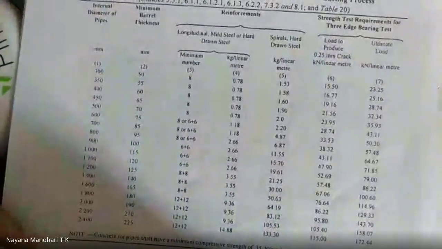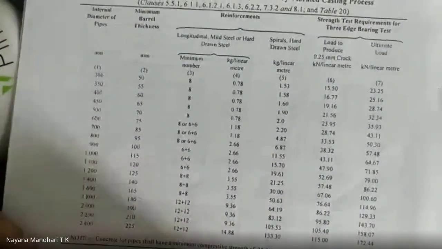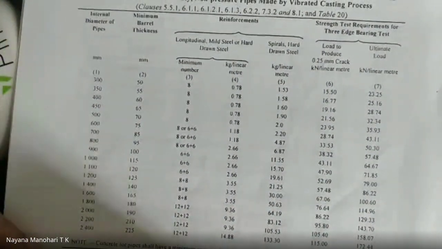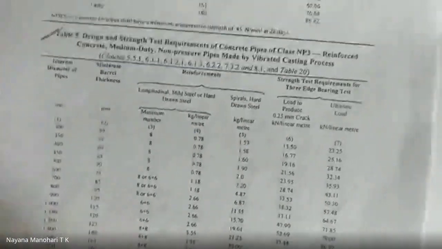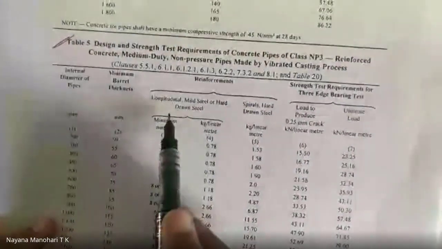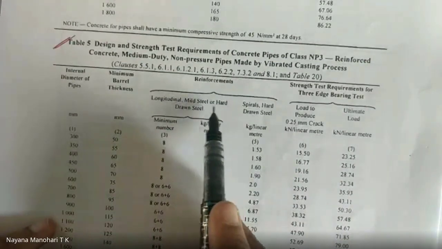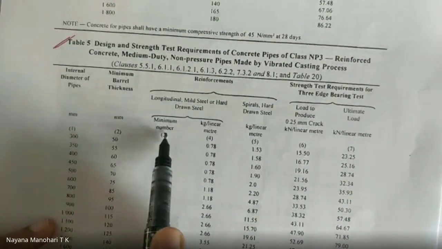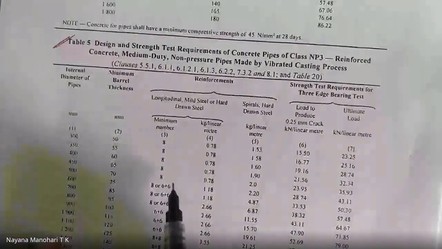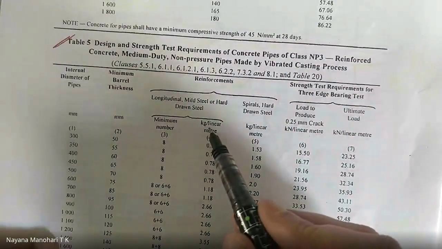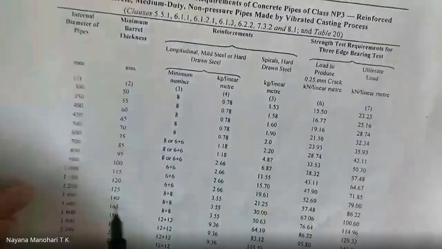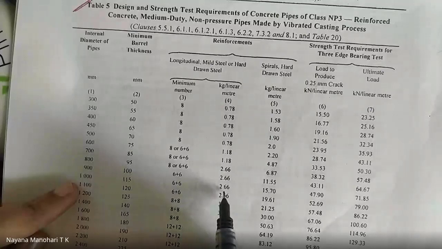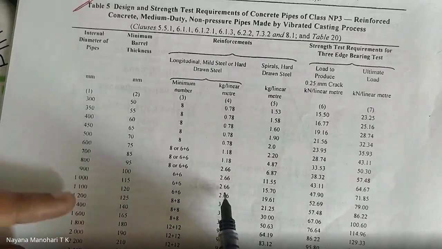Next is longitudinal reinforcement. Okay, see here longitudinal reinforcement. Observe here longitudinal mild steel or hard drawn steel. The minimum number, this many numbers you need to provide. In terms of kg, for that 1000 mm, how much is it? 2.66 kg per meter.